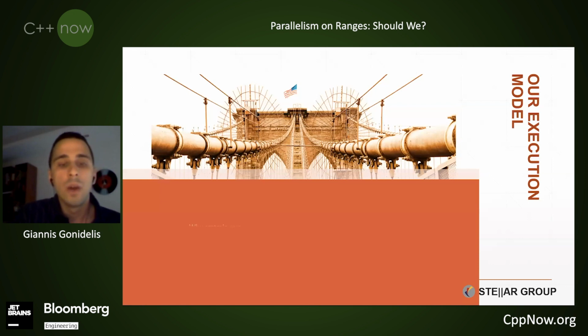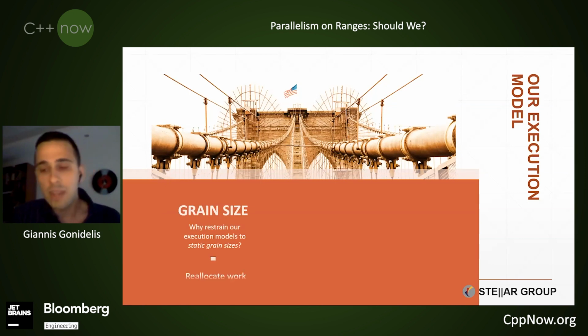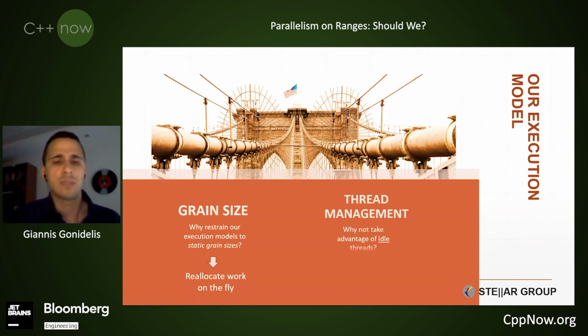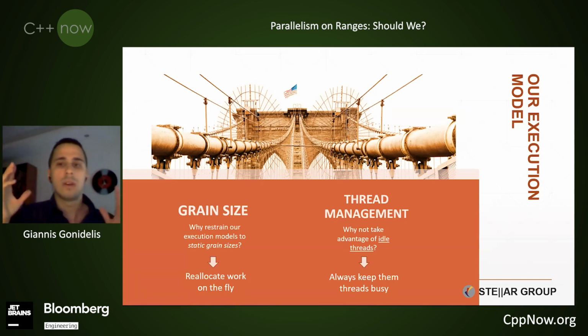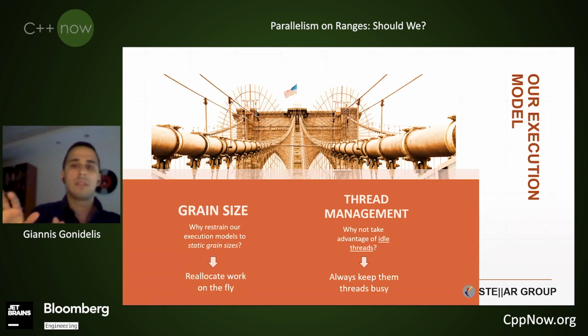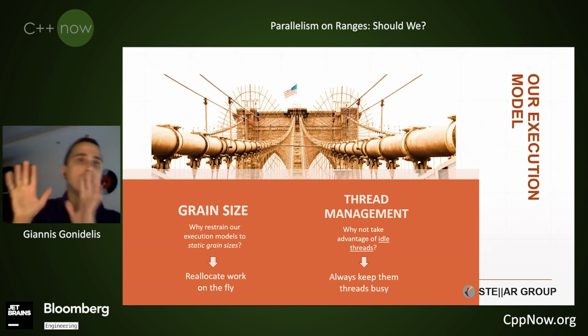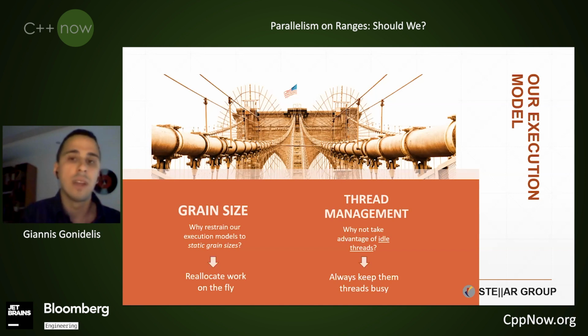So we hate static scheduling. That's a thing. We actually love reallocating work on the fly, and it's actually very intuitive. If you think of it, you don't need to have a static scheduling that you create before your work initiates and go by that, whatever happens.